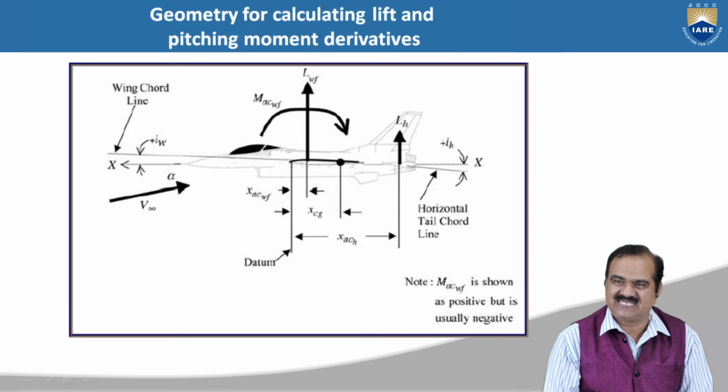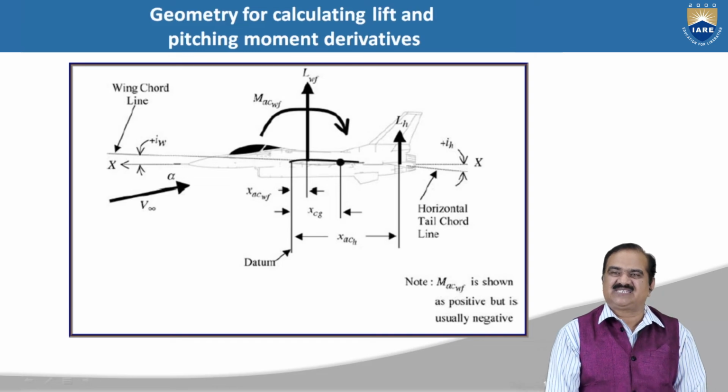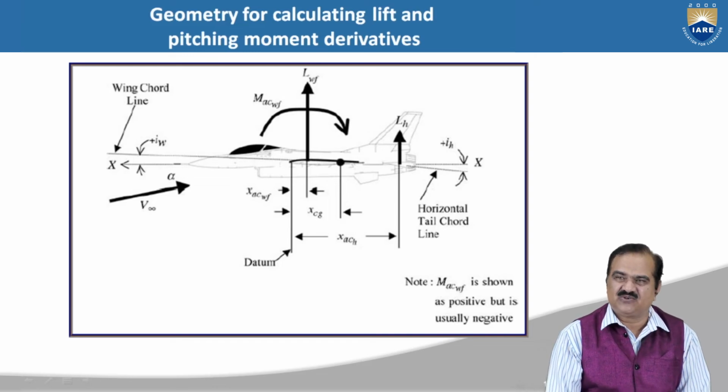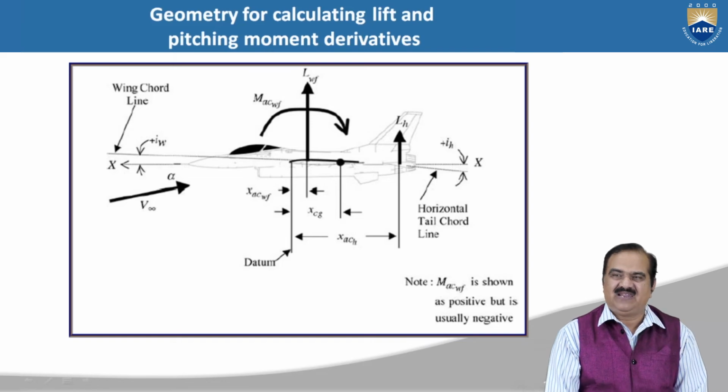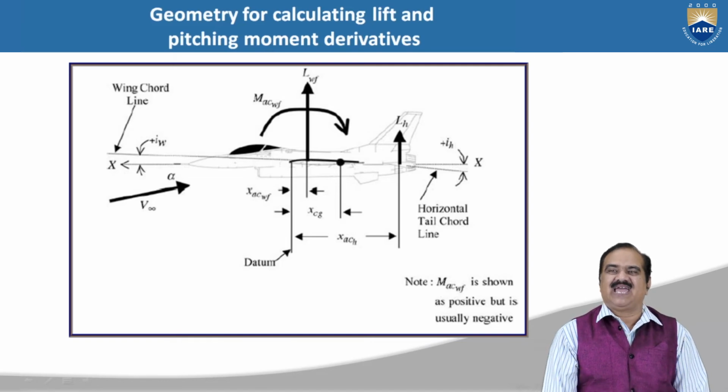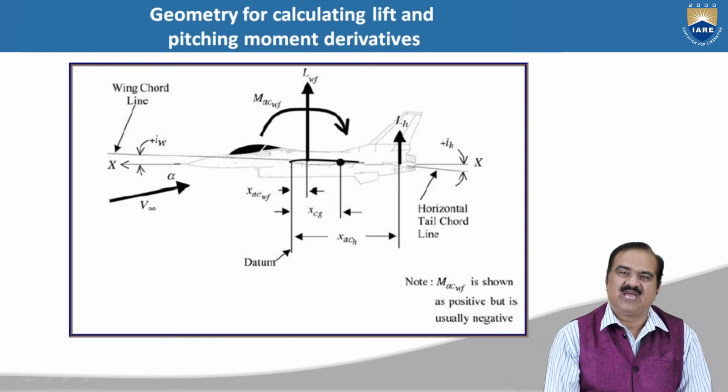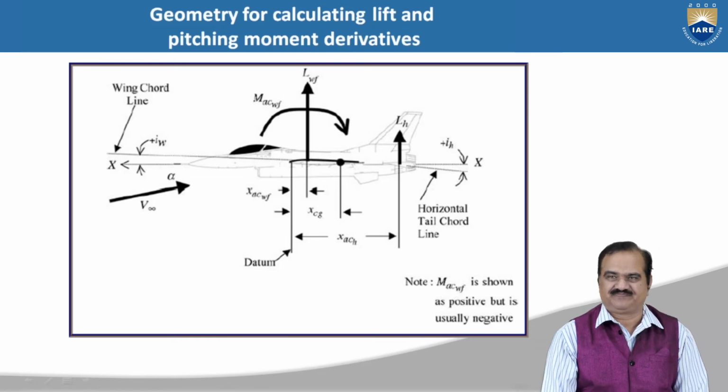And XACH is the distance between the leading edge and the aerodynamic center of the tail plane, or the horizontal tail stabilizer. So these are the distances which are measured from the datum line, and this datum line is passing through the wing leading edge.